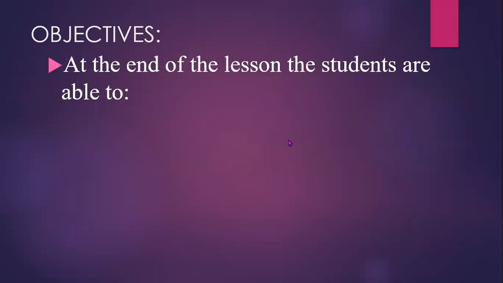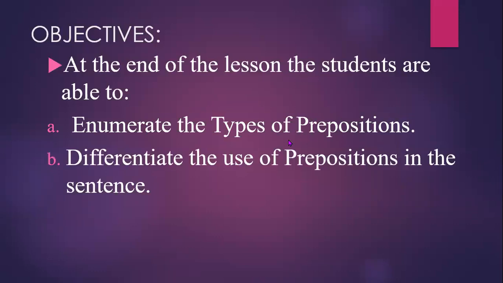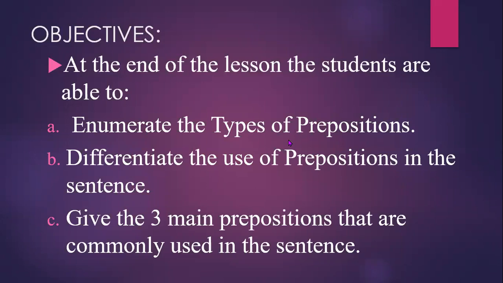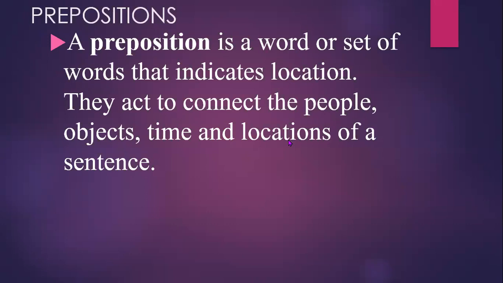At the end of the lesson, the students are able to enumerate the types of prepositions, differentiate the use of prepositions in the sentence, and give the three main prepositions that are commonly used in the sentence. Okay, now what do we mean when we say preposition?